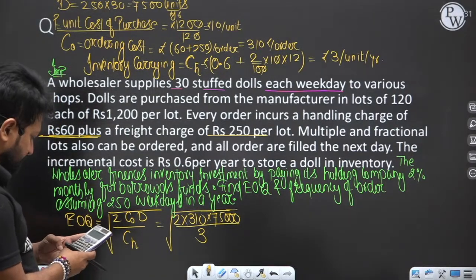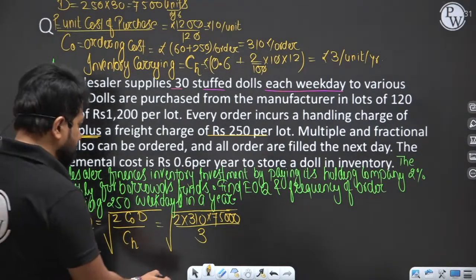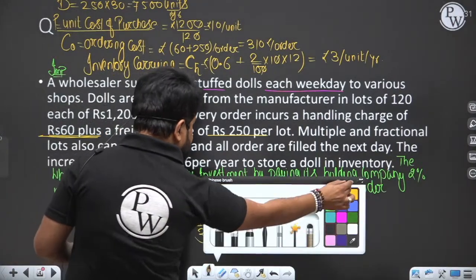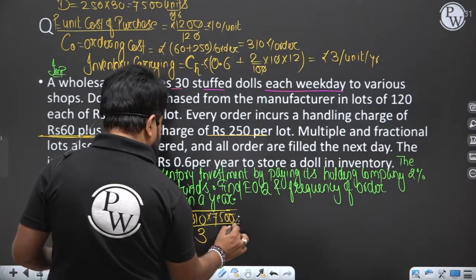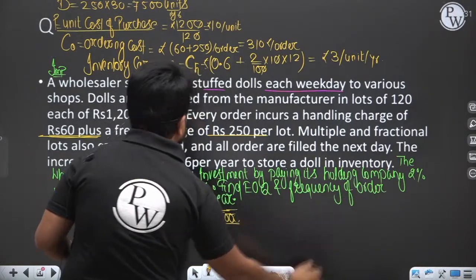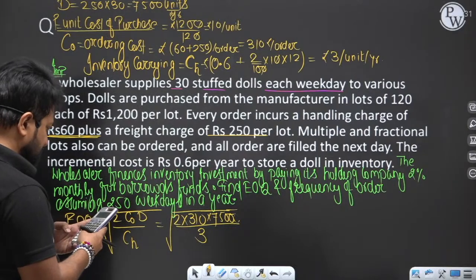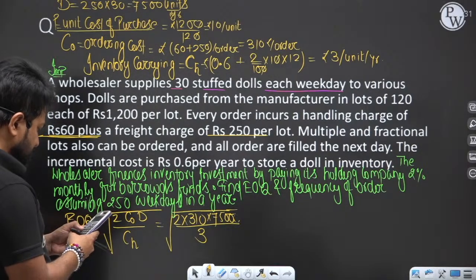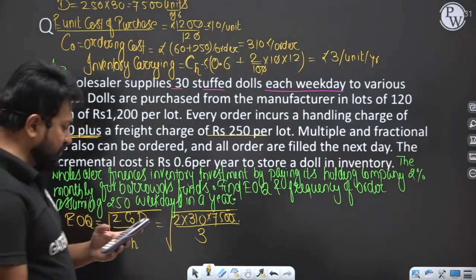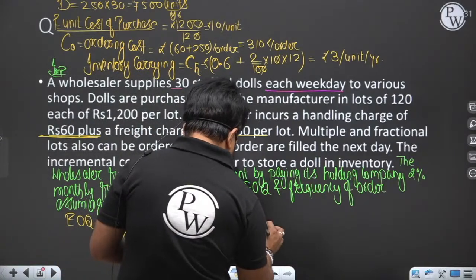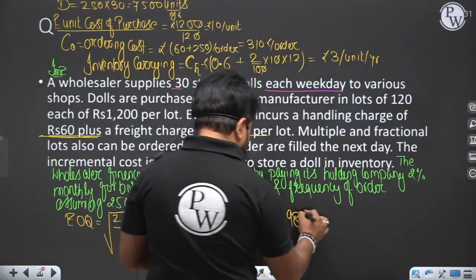So here 2 into 310 into 75 sorry, not 75 000, it's 75 00, that is 7500. So answer divided by 3, root of answer, it comes to 1244.989.